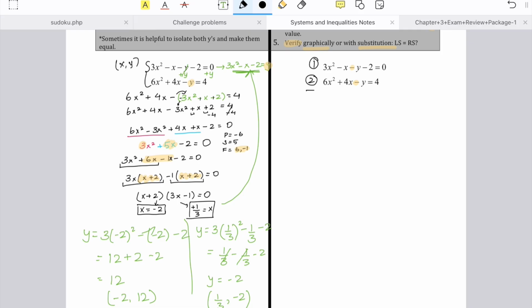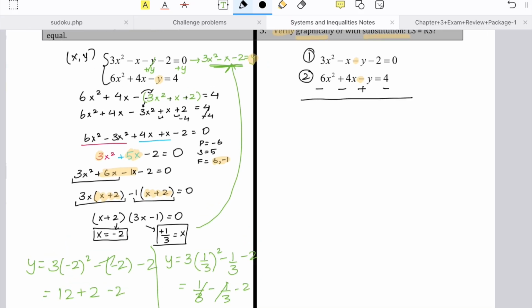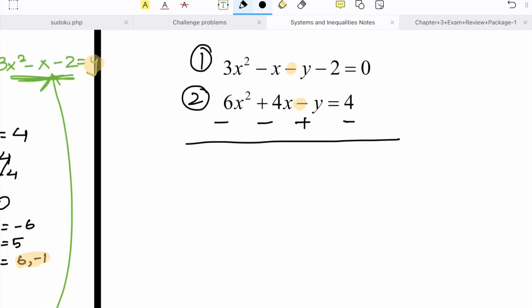So when I subtract it, the signs are going to change: negative, negative, positive, and negative. So I get 3x squared minus 6x squared, which is negative 3x squared. Minus x minus 4x is minus 5x. Minus y plus y is 0, with the minus 2 over here and minus 4 here.